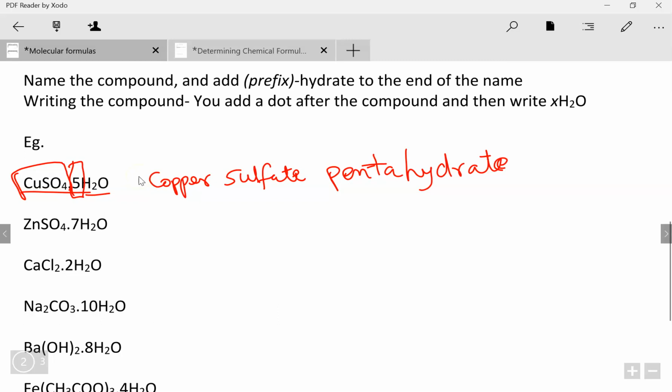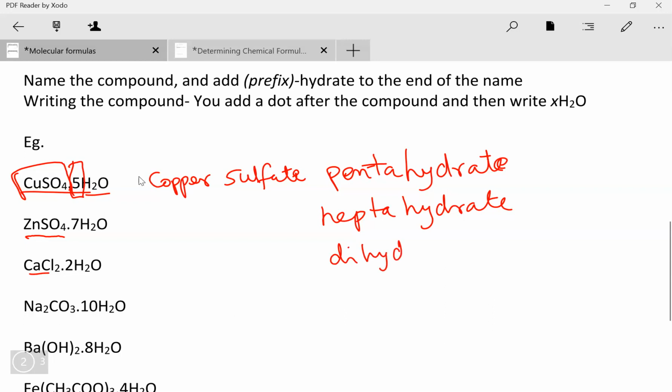So I'm not going to write out all of this. So this is zinc sulfate heptahydrate, calcium chloride dihydrate, sodium carbonate decahydrate, right?